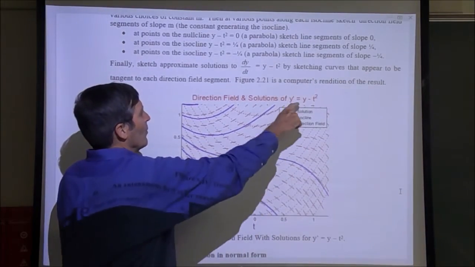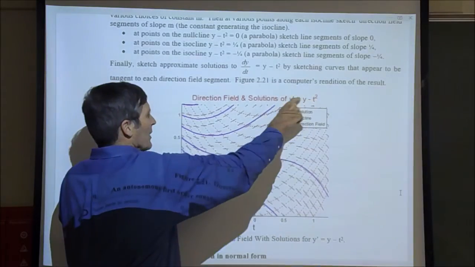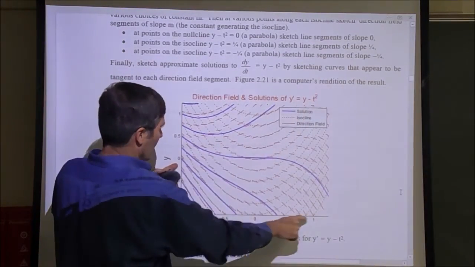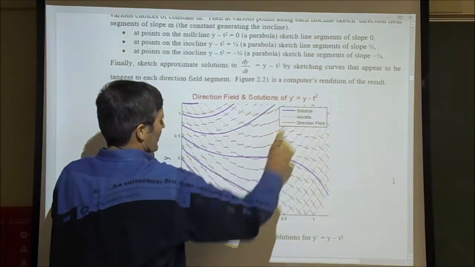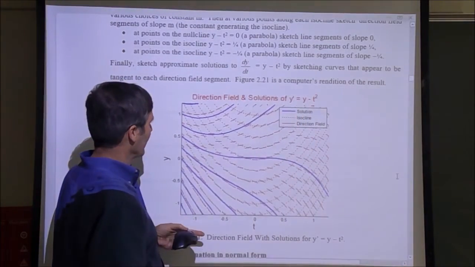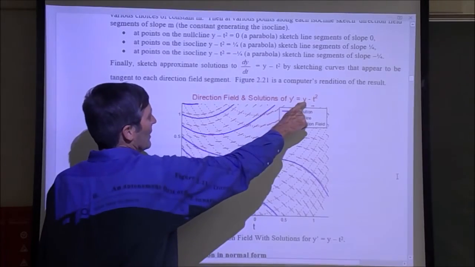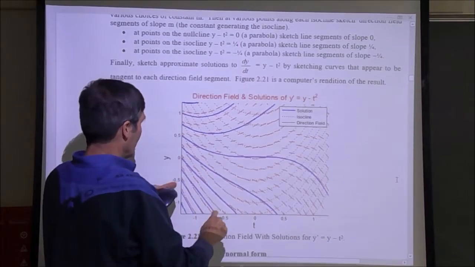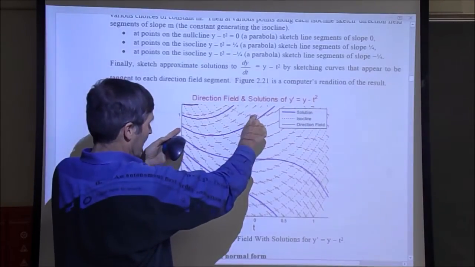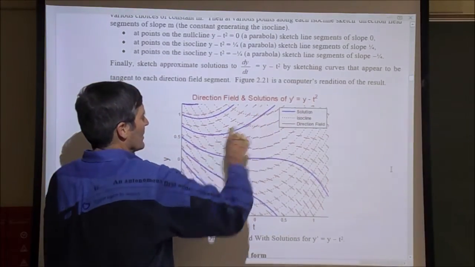At the point (1, 1), 1 minus 1 is 0, so y prime has to be 0 there. I go to (1, 1), and there'd be a little horizontal slope there also. At the point (0, 1), 1 minus 0 squared, the slope has to be 1. So I go to (0, 1), and right here, you draw a line segment of slope 1.